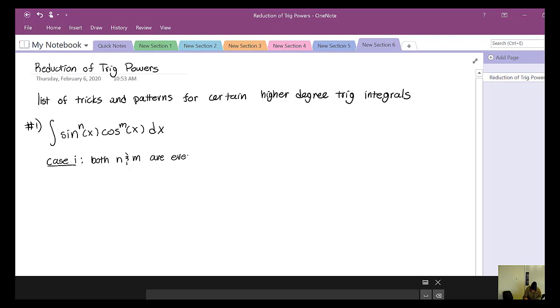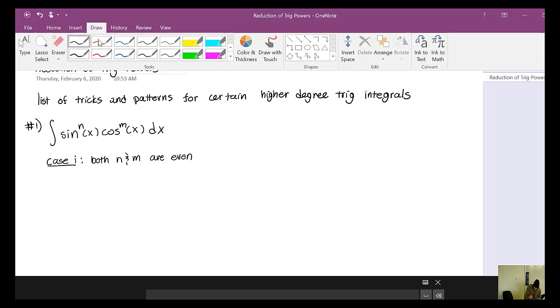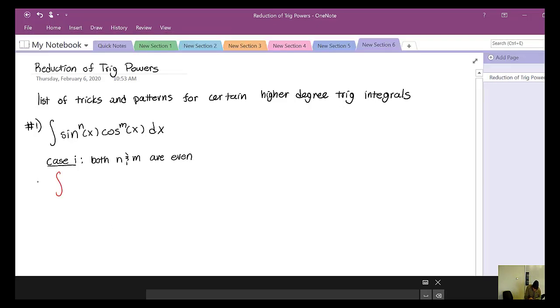So for example, we might have the integral of sine to the fourth of 3x.